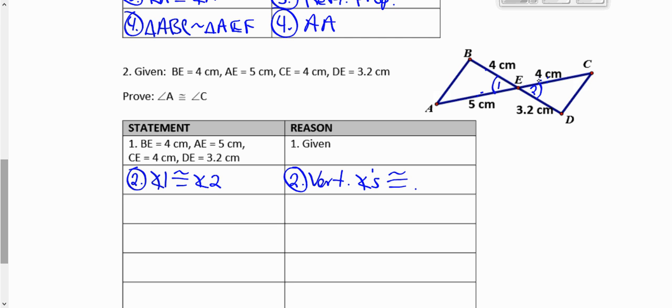Okay, so let's see, I'm going to write it like this. 5 over 4 equals 4 over 3.2. And then I'm going to put equals. When you put both of those in your calculator, what do you get? Well, I went the other way. 1.25. If you put the small on top, then you get 0.8, right?